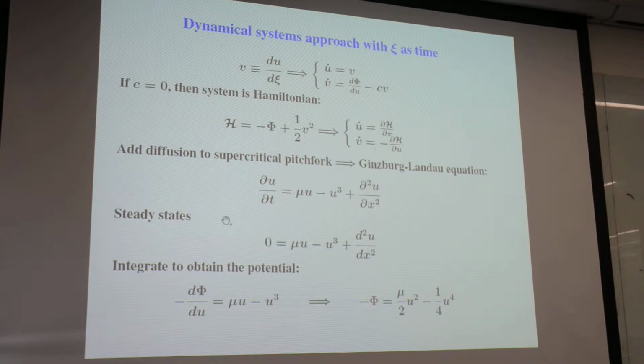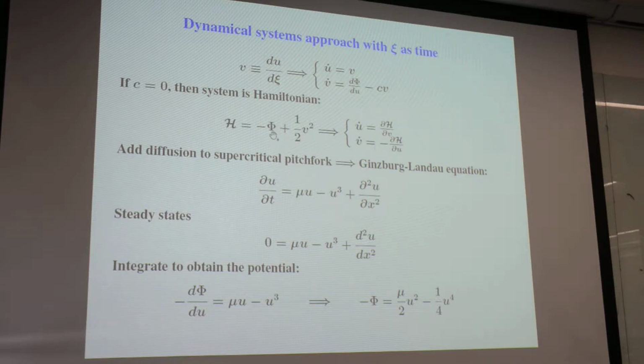And we know what we would do. To find steady states, we would set this to 0, and we would have mu u minus u cubed plus d squared u dx squared equals 0. Now, to study it by the means that we're going to talk about, we need to write this again in terms of the potential.